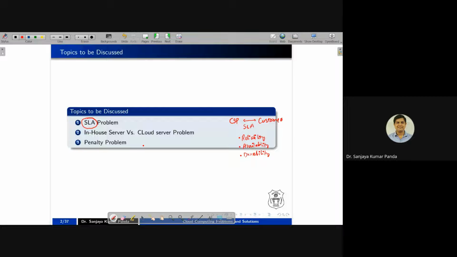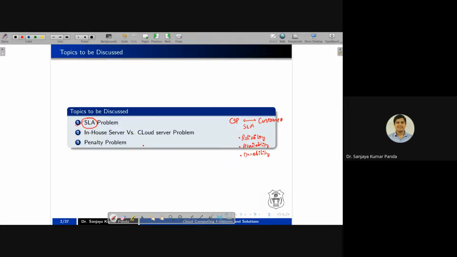So based on some of these parameters, there are some numerical problems. By these numerical problems, it is easy to understand how SLA violation cost is paid by cloud service provider to customer for not providing appropriate services. So that I am going to discuss first.